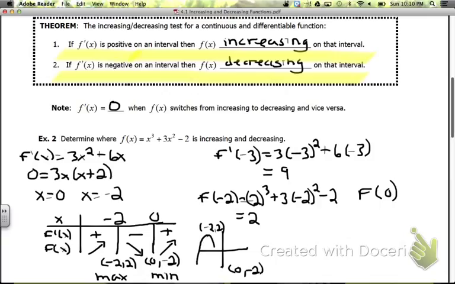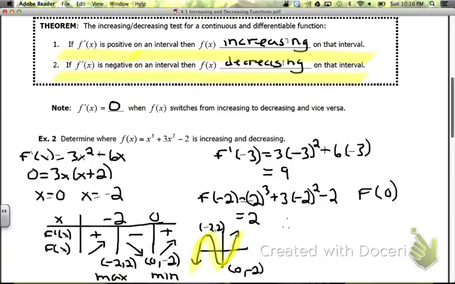So this is just a rough sketch, just to give all of us a visual. So you see how our function here is increasing. Then we get to negative 2, and that value, or f prime of x, would be equal to 0. And then we have a decreasing function. We hit 0, and then it goes back to increasing.